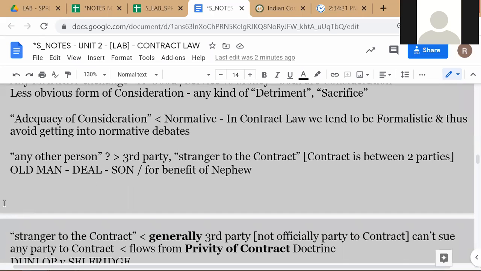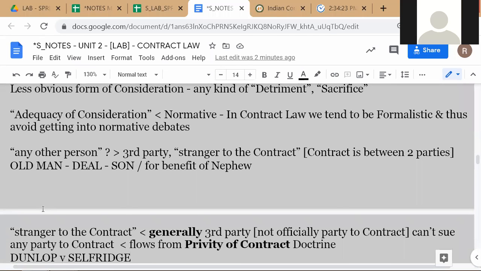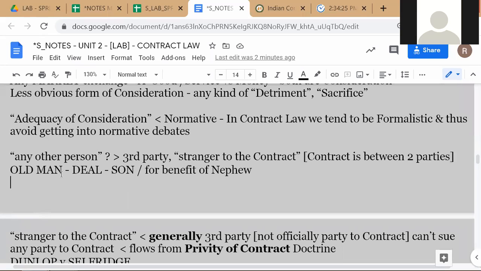So what happened was that the old man gave up most of his property to his son, and he also put in this term in the contract that the nephew should be given a certain amount of money. But once the old man died, the son didn't give the money to the nephew.